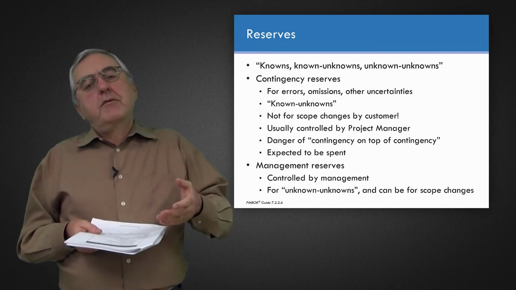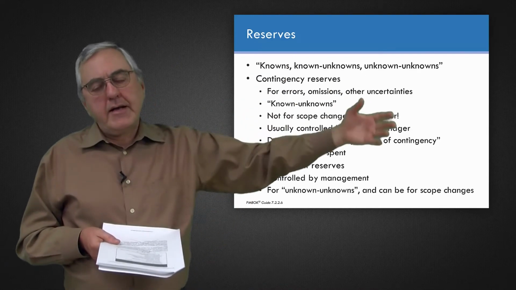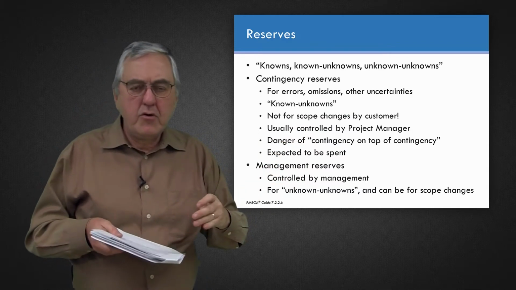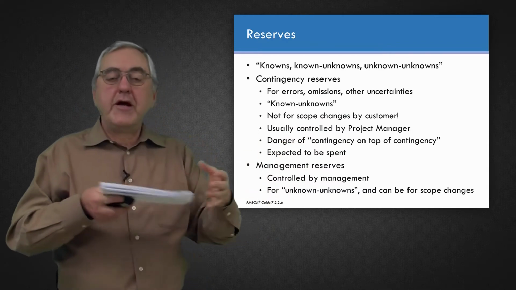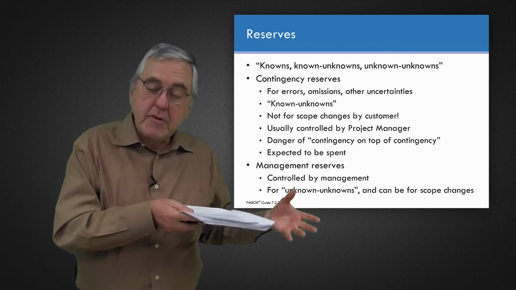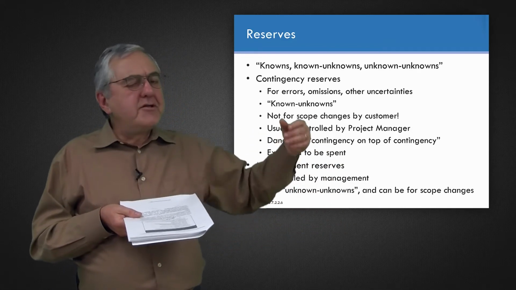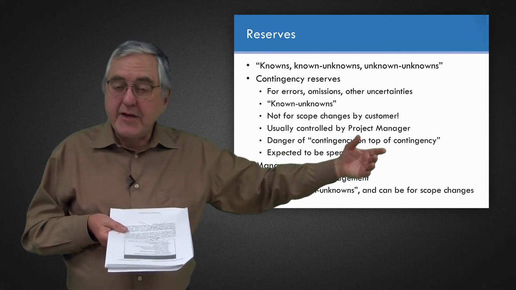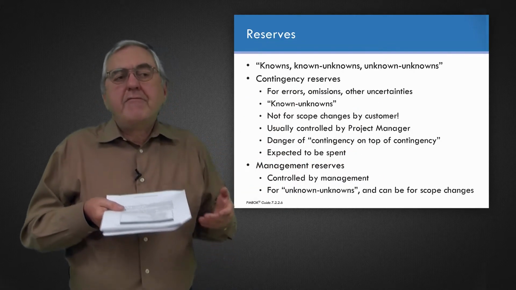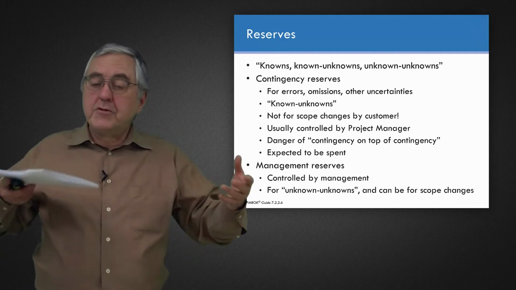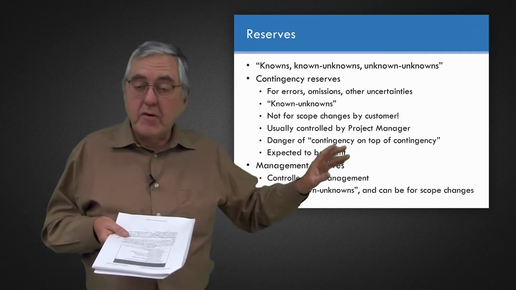Let's say you're doing a project for an external customer, and that customer is taking your quotation or your estimate and appropriating some money within their organization to carry out the project. They may appropriate some additional money as management reserve, so that if there are some scope changes or some unknown unknowns that make my project more expensive, they have the money readily available.